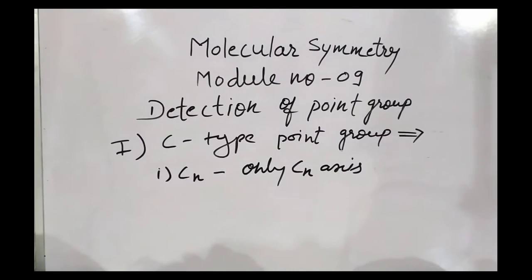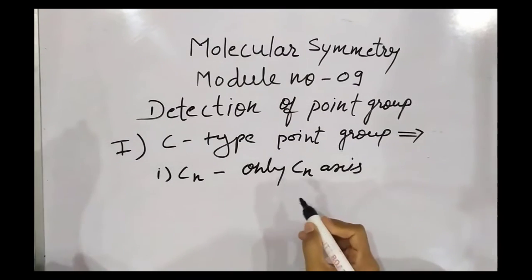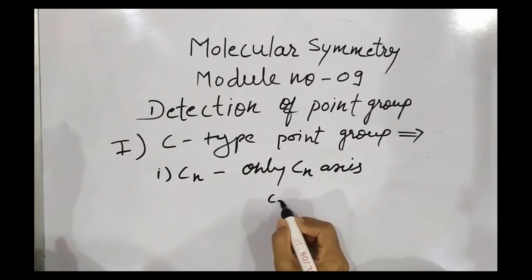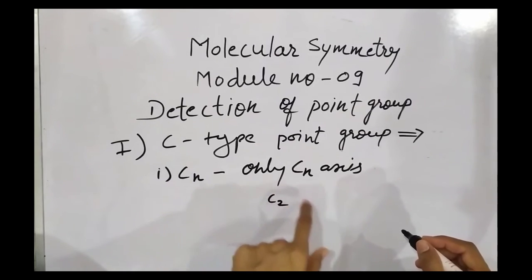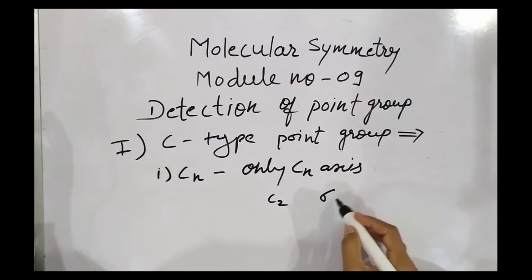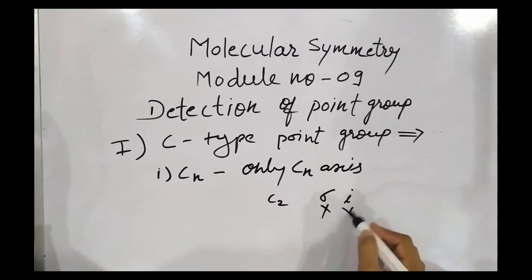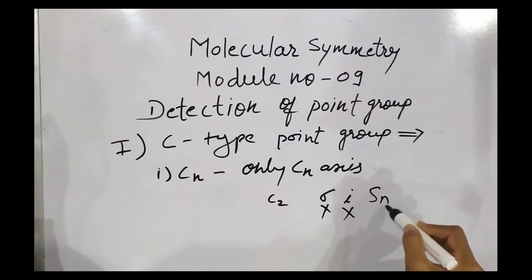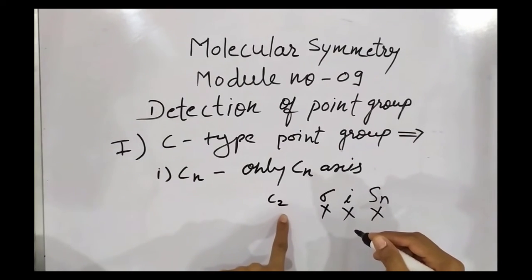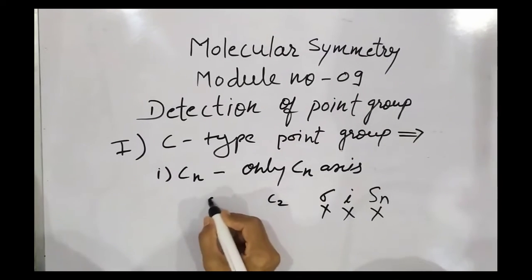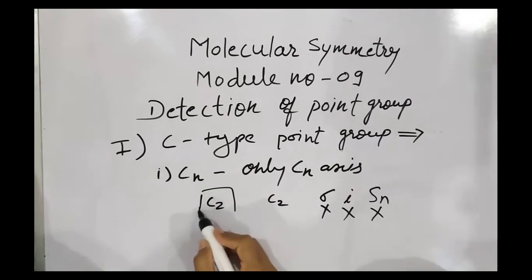For example, if you have a molecule which can be rotated by C2 as the principal axis, but it doesn't contain any plane, any inversion center, any SN, nothing, meaning all the other symmetry elements are absent and only C2 is present, then the point group of that molecule will be C2.